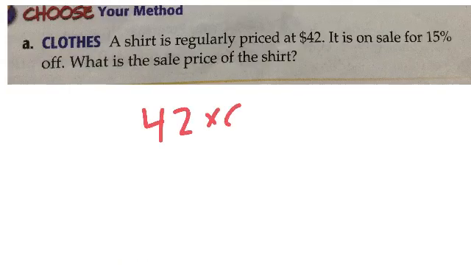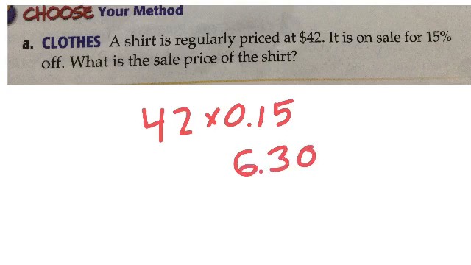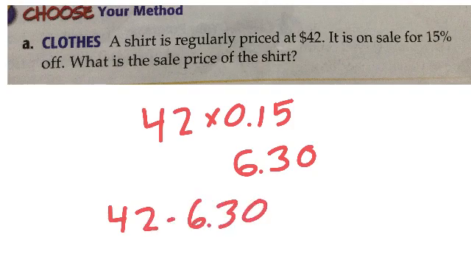42 times 0.15, okay? And I got 6.3. And then I did 42 minus 6.3, and I got, oh wait, that's supposed to be $35.70. Or dollars, my bad.